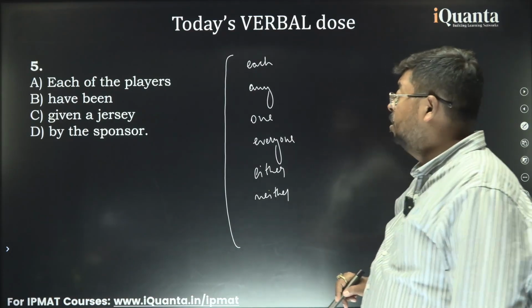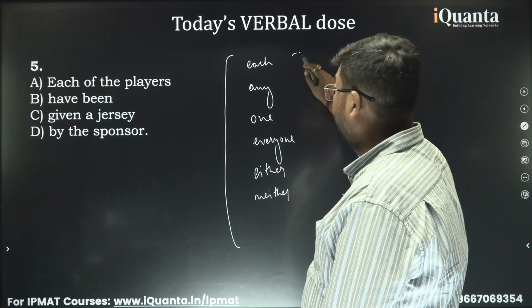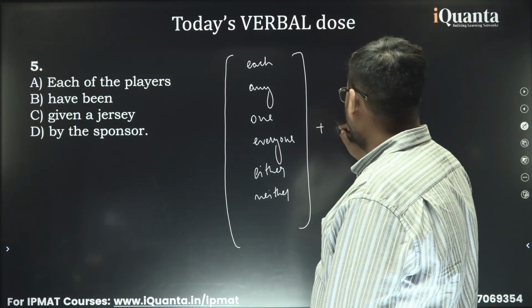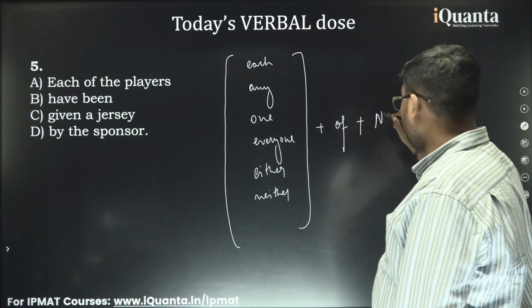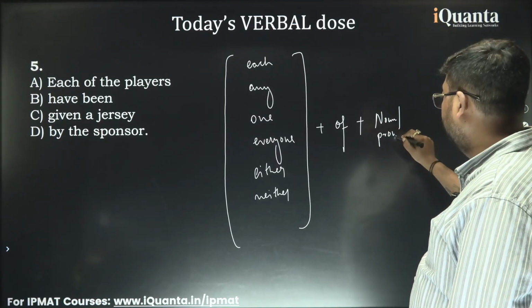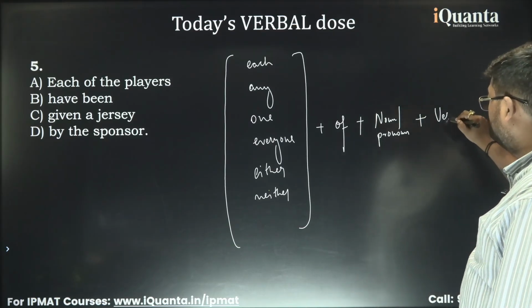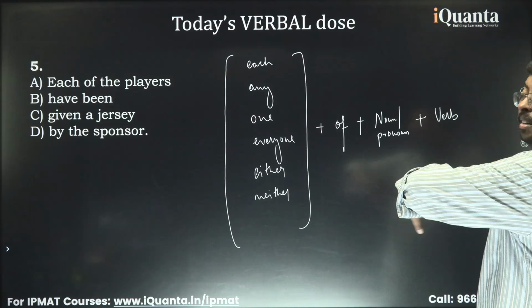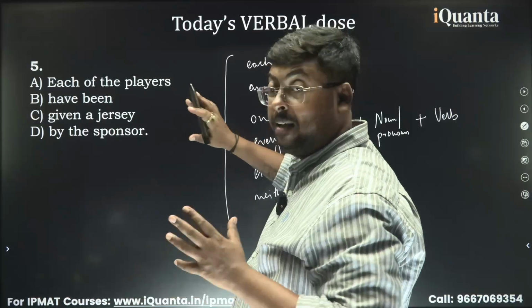Whenever these words come across with "of," and after that we have a noun or a pronoun, and then we have a verb. Let's see, is it the same structure or not?